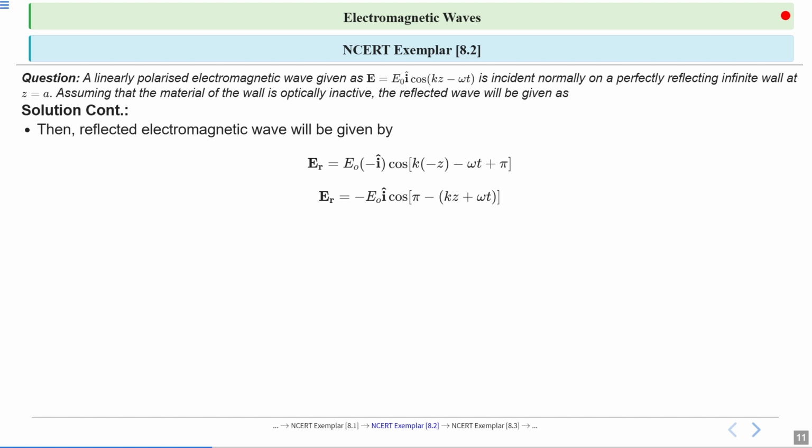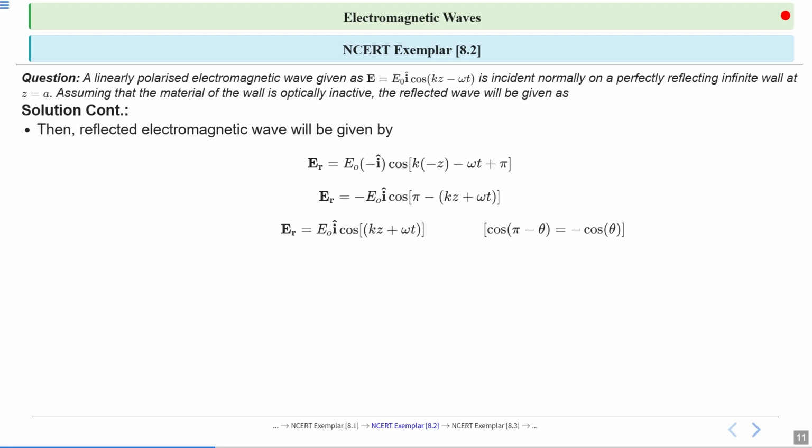Okay, so why is sin(pi minus theta) equal to sin theta, and why not minus sin theta? Because pi minus theta is an angle lying within the second quadrant, and sin in the second quadrant is positive. So cos(pi minus theta) is minus cos theta. That means cos(pi minus (kz plus omega t)) will result in minus cos(kz plus omega t).